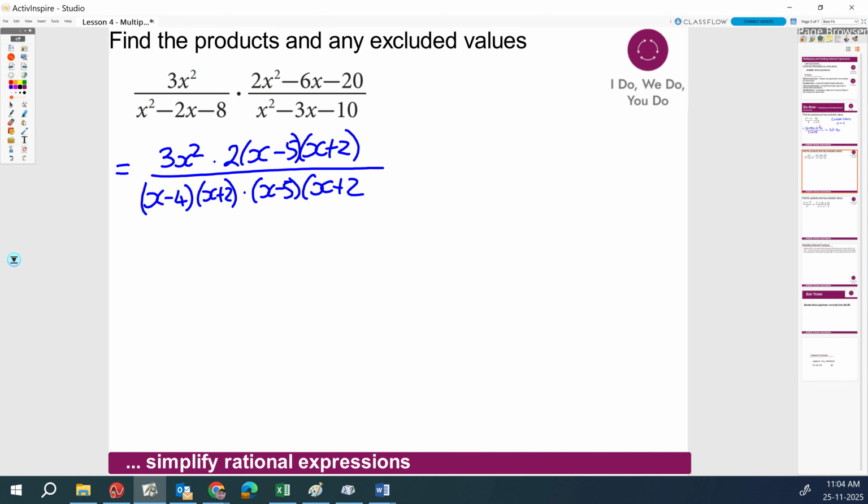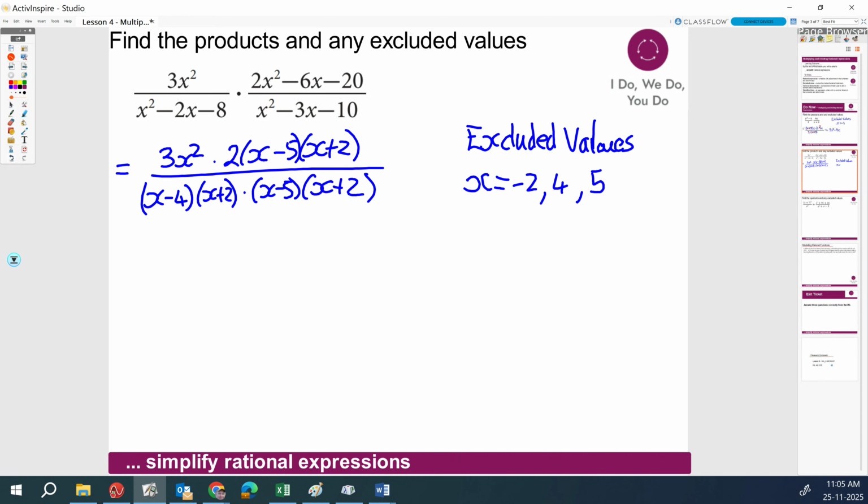So if we factor it like this, we can see what our excluded values are. So don't cancel anything until you identify what your excluded values are. So x is equal to, I'll do it from the smallest, so minus 2, 4, and 5.